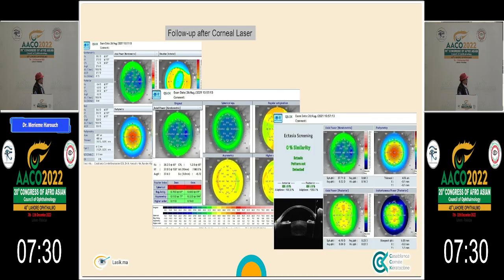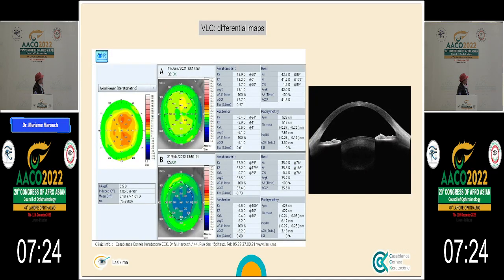After we have the ectasia screening, with no ectasia for this patient after LASIK. And we have the differential map before and after the treatment, and here we have the summary with the delta average keratometry, the cylinder, and the mean difference between before and after.